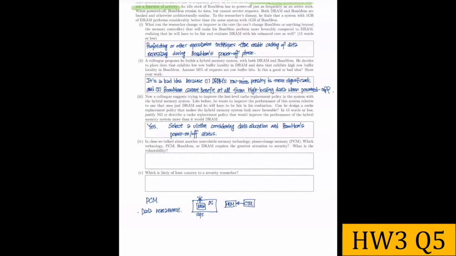And then, if the memory device still retains the data, the adversary can easily obtain the confidential or private data stored in the memory device. And we call this the data remanence problem.